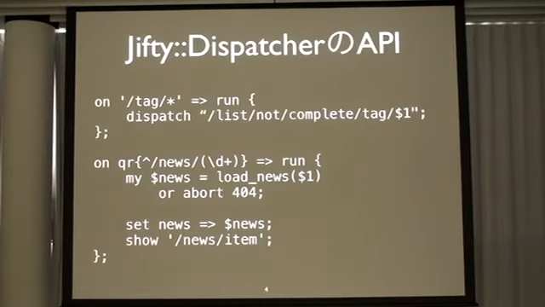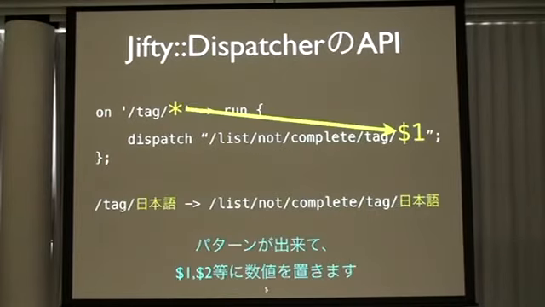So here's what it looks like. If you've ever written a web application, you most likely have code like this somewhere to make your URLs nice and pretty. And this is what Jifty Dispatcher looks like. You can see that we use patterns, so that when you have a pattern in the URL, you can then pluck out that value later in the $1, $2 variables, just like you use regular expressions.